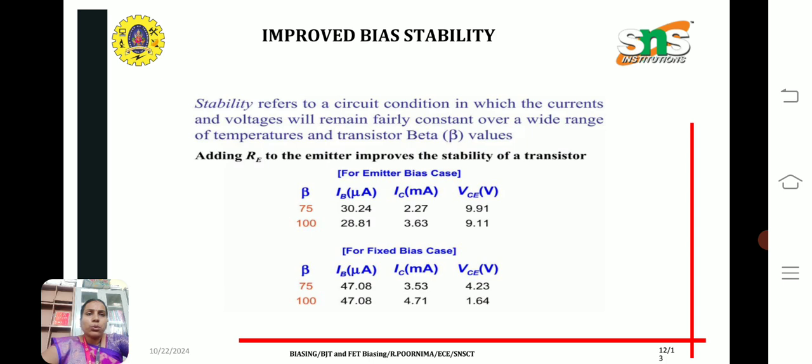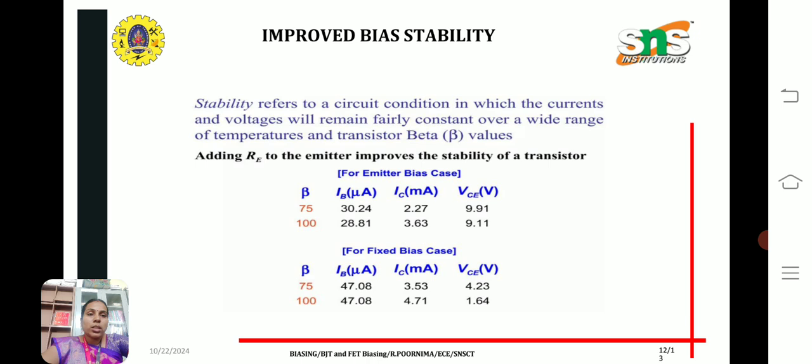In this circuit we improve the bias stability. Stability refers to the circuit condition in which the currents and voltages remain constant over a wide range of temperatures and transistor beta values. So stability refers to a stable current. Adding RE to the emitter improves the stability of the circuit.